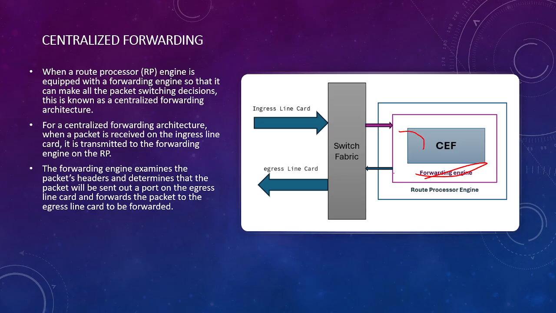Based on that, it will decide, and then the packet will be sent out of the egress port. If it is distributed, it comes to the switch fabric, then the switch fabric will send it to the RP, the route processing engine. The route processing engine will have the forwarding engine, which has the CEF. Then it checks the CEF table, then it decides which outgoing interface, so traffic will exit on the particular line card.